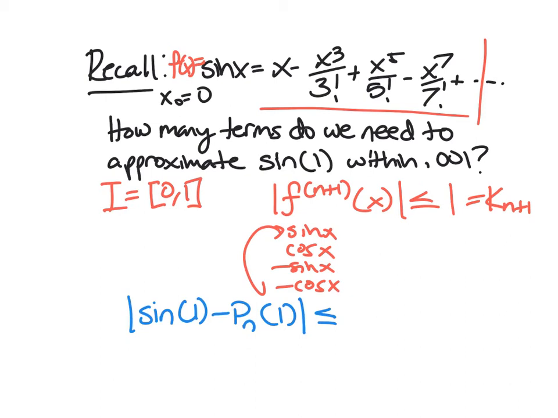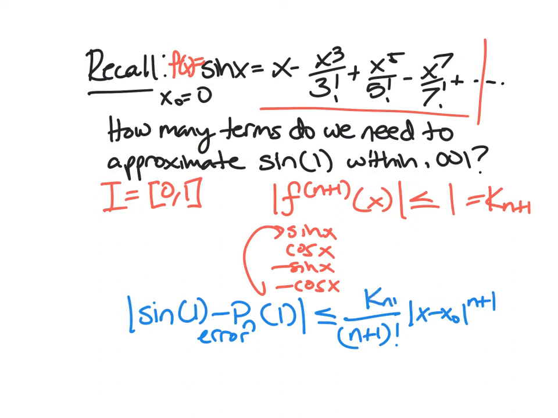And so with our formula, we just plug things in. Our f of 1 is sine of 1 minus whatever our nth degree polynomial is. We need to figure out n of 1. This error is less than or equal to K n plus 1, which is 1, over n plus 1 factorial times the absolute value of x minus x naught to the n plus 1.